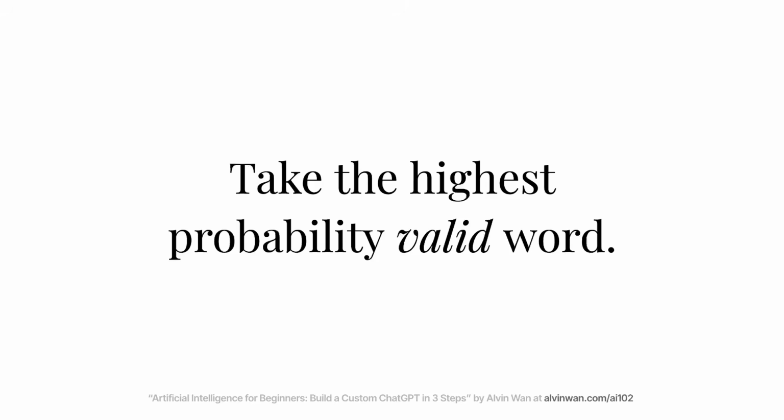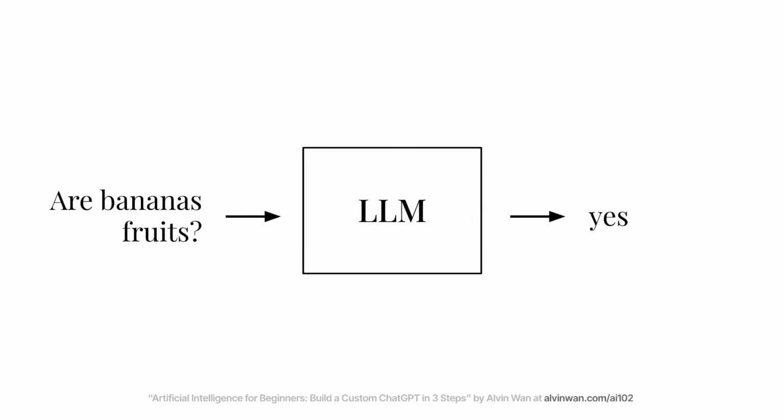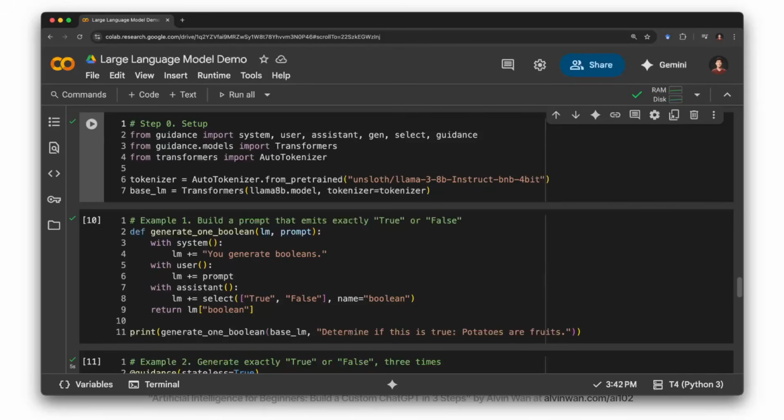In this example, we only wanted yes or no, so we used the probabilities of these 2 words and simply picked the more probable of the 2. Now our LLM is forced to output yes or no, and more importantly, we did this without changing the number of input tokens.